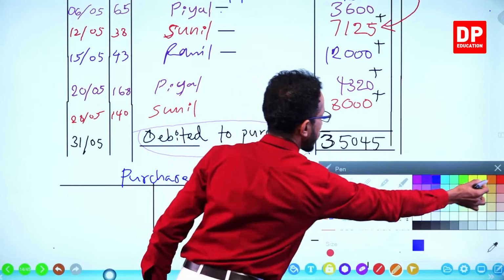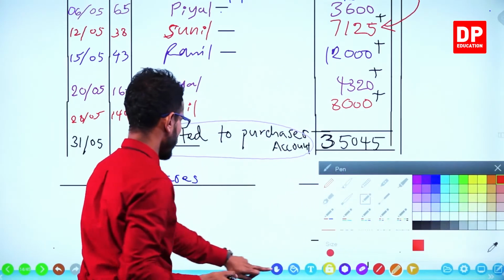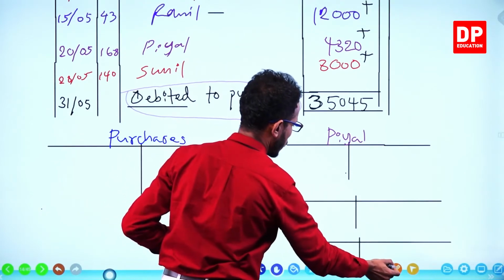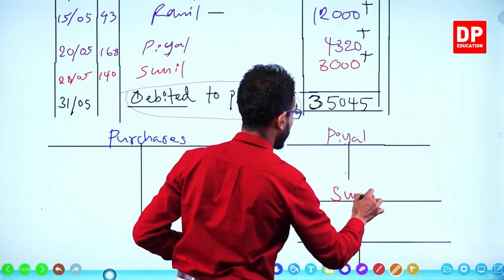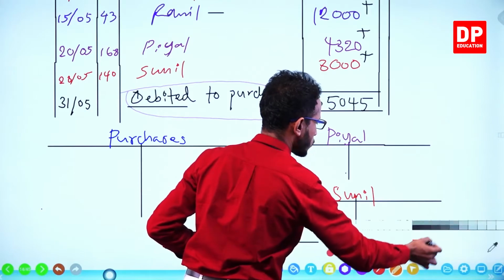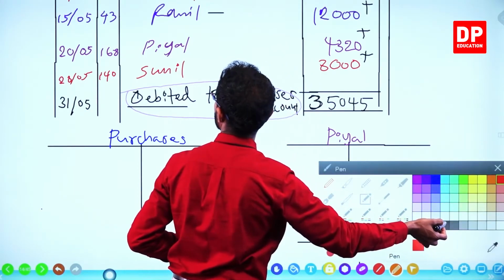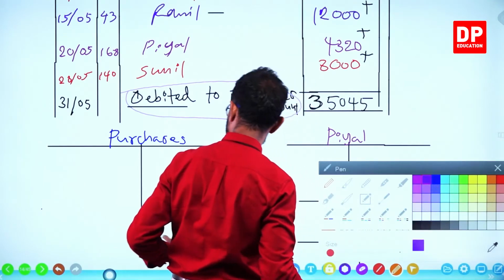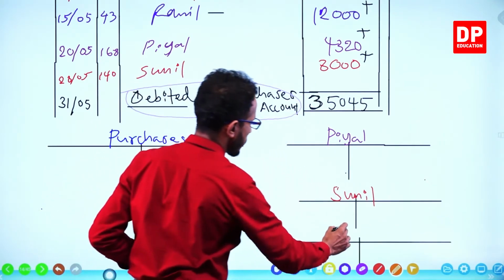And the last one for the most popular guy in the book, Ranil.